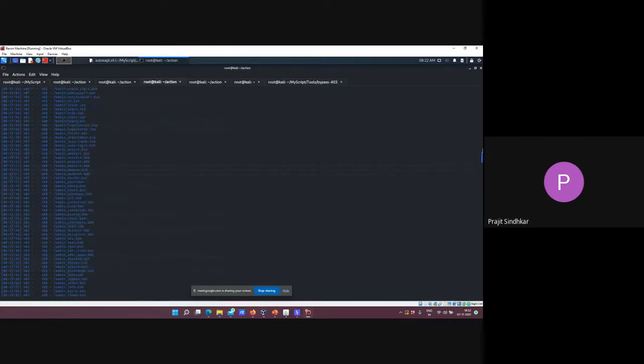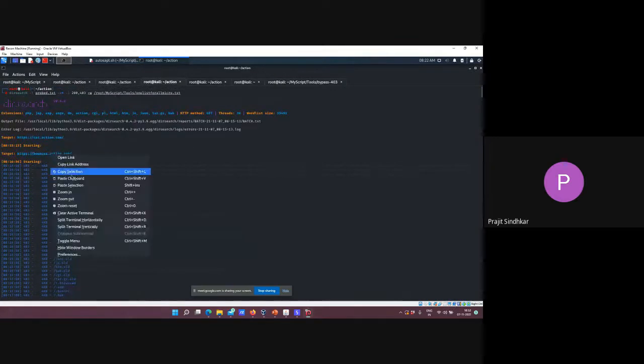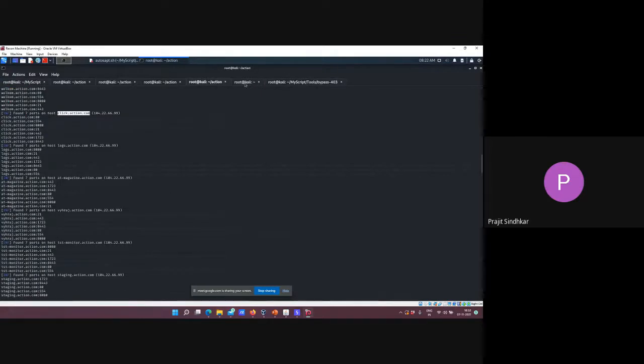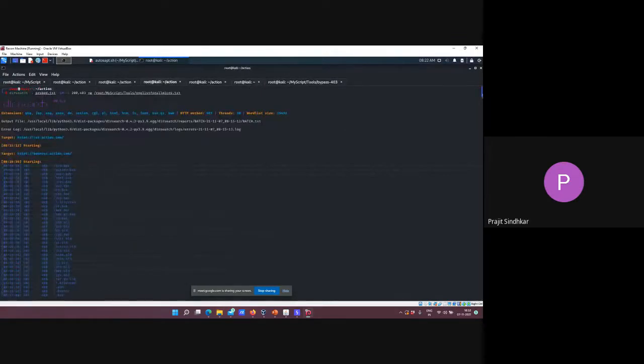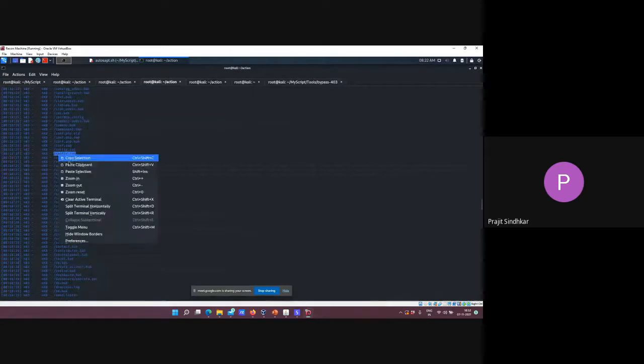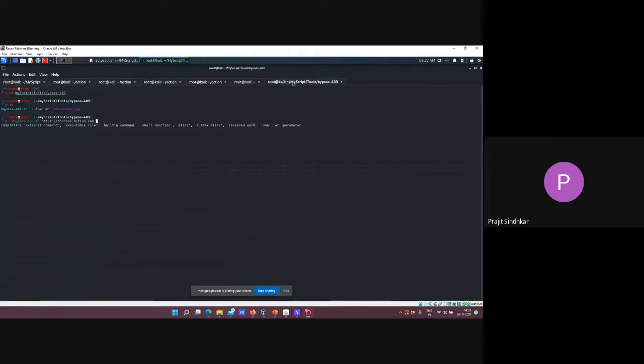The URL here is bouncesaction.com. I have to give a slash, and afterwards the endpoint which is given as 403. Then try it. See here, it will tell you the status code and the size.